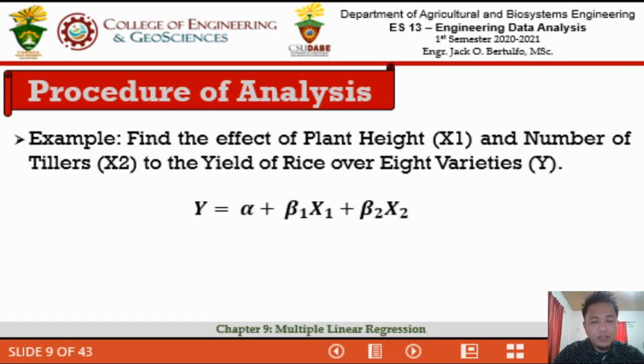Now, let's try an example in order to discuss properly the procedural analysis of the multiple linear regression model. Let's say, for example, we want to find the effect of plant height and the number of tillers on the yield of rice over 8 varieties.